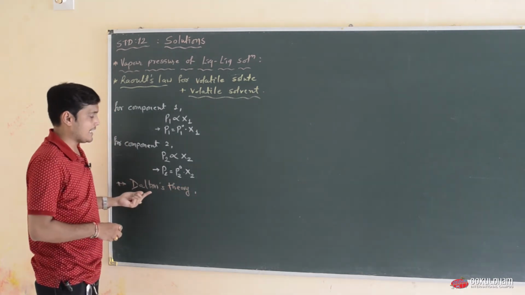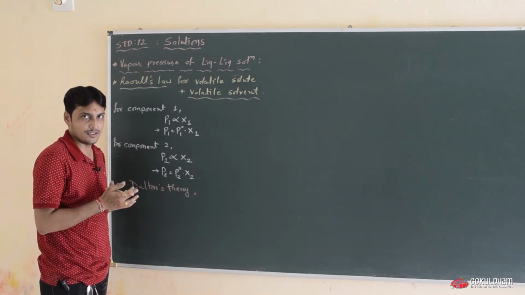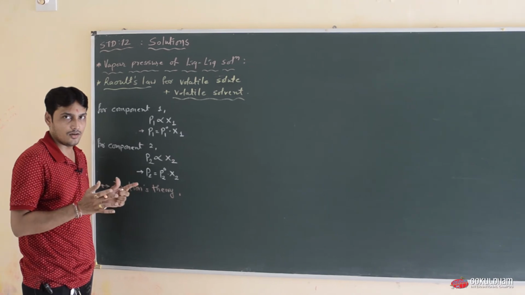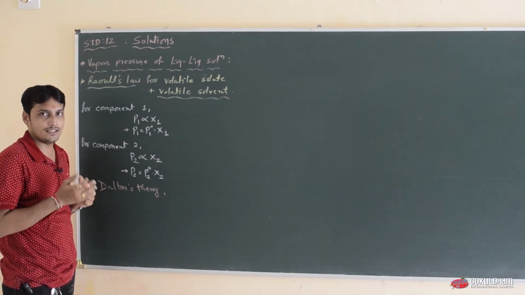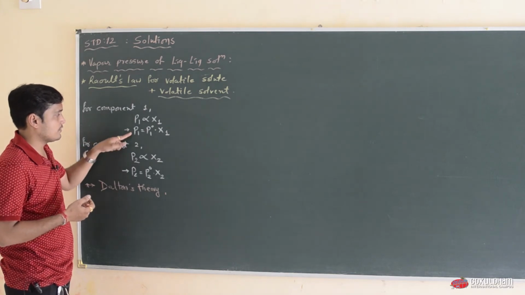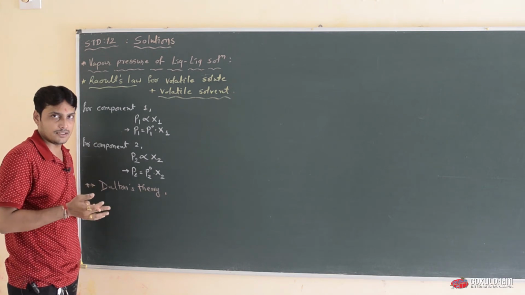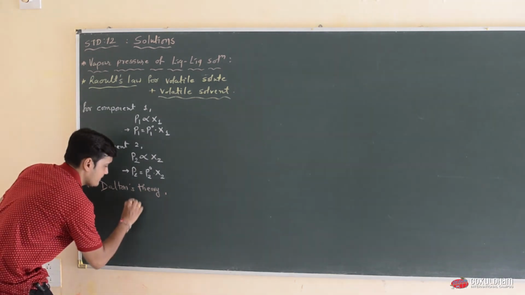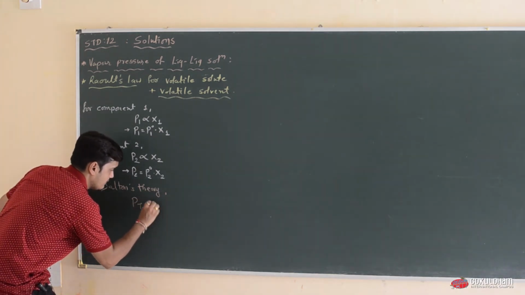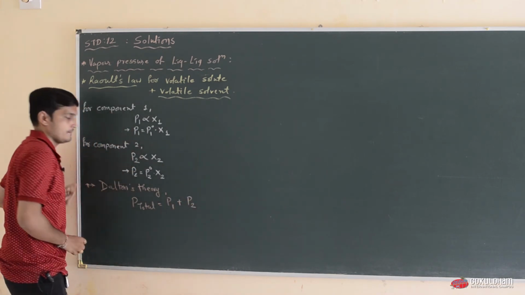According to Dalton's theory, the total vapor pressure is the sum of the vapor pressures of every component. Here we have two components, so P1 plus P2 is equal to the total pressure. So we can write P total is equal to P1 plus P2.